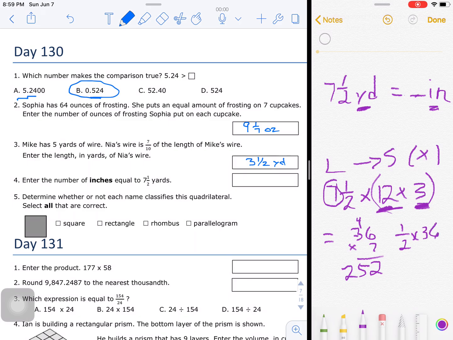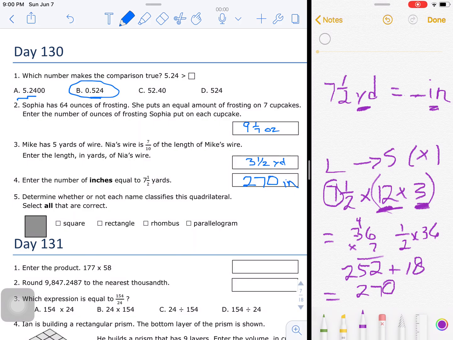And I know that 1/2 of 36 is 18, right? So what is 252 plus 18? It is 270. So 7.5 yards is equal to 270 inches.